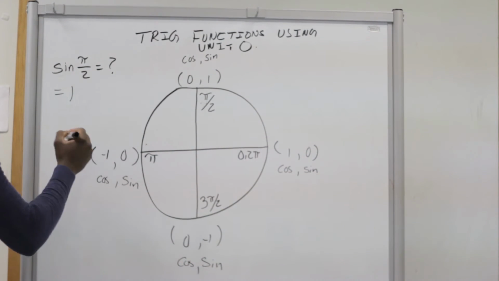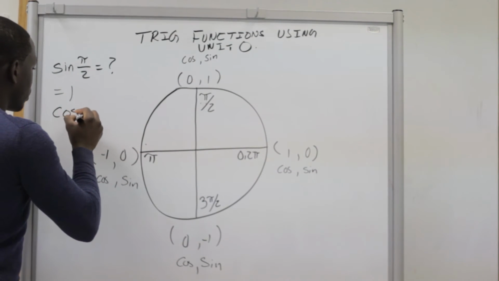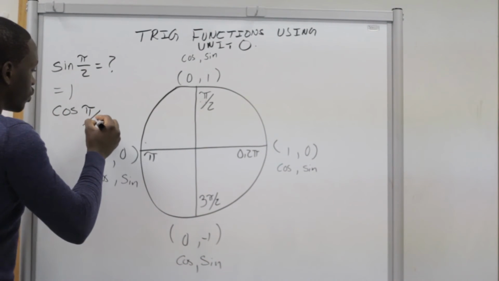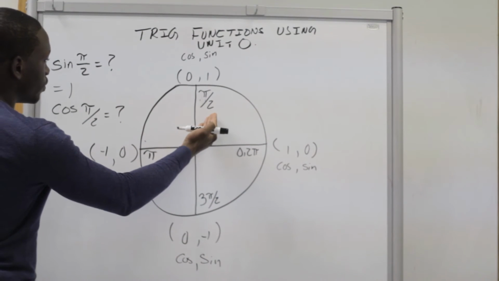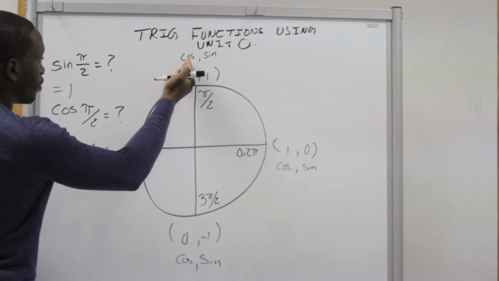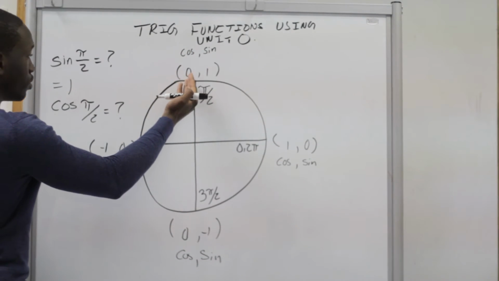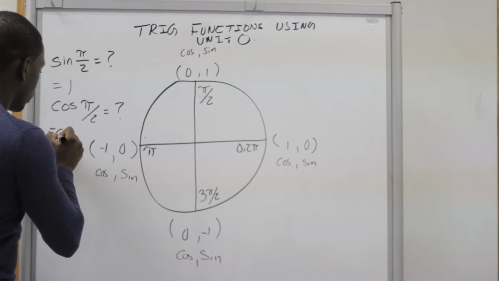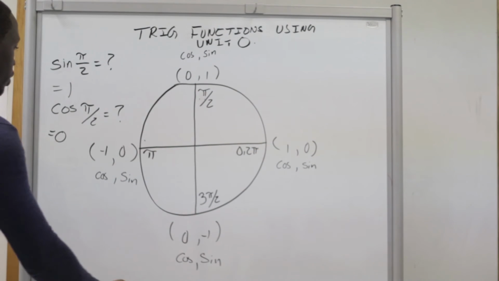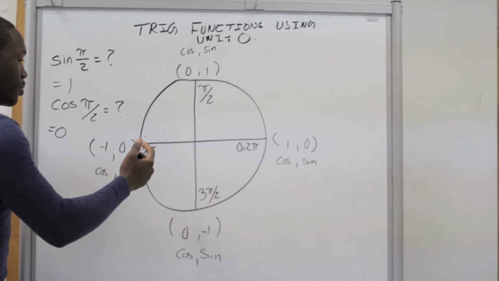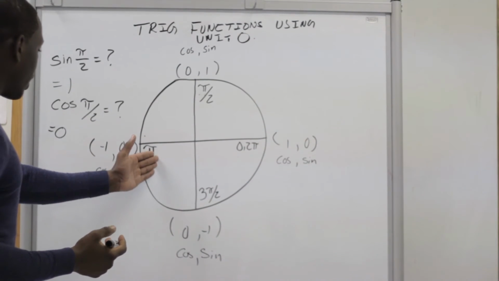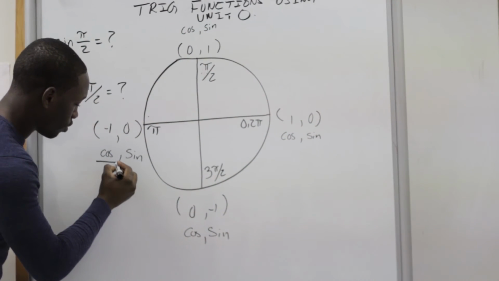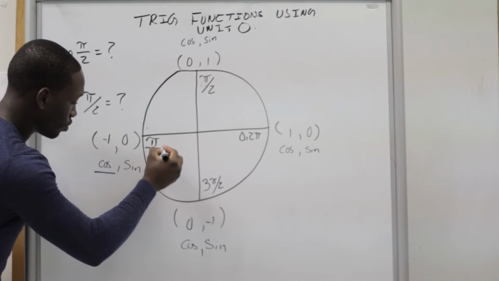Now, what if you were to ask, what's cosine pi over 2 equal to? Well, I see pi over 2. I see the cosine on the left-hand side, or your x value, must equal 0. And so on. You can go around the entire unit circle. For example, cosine of pi: you look at cosine over here, you look at pi over here.